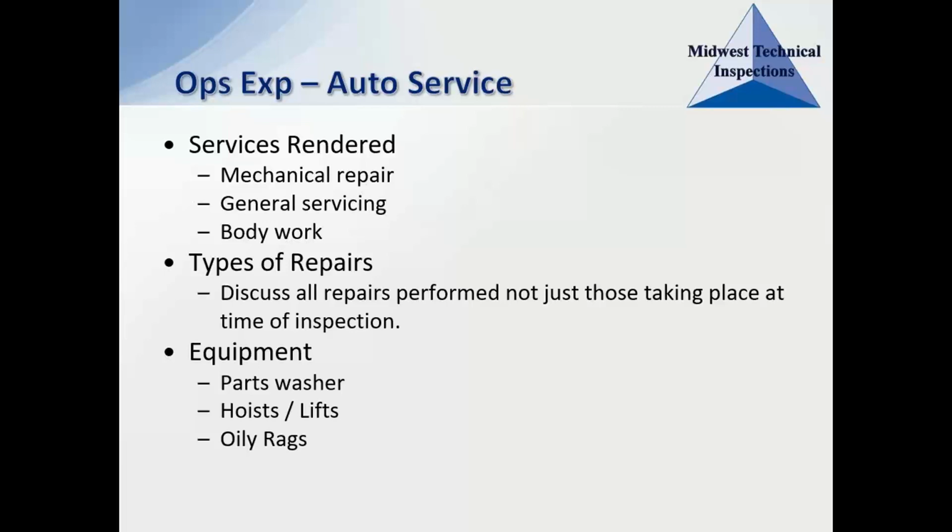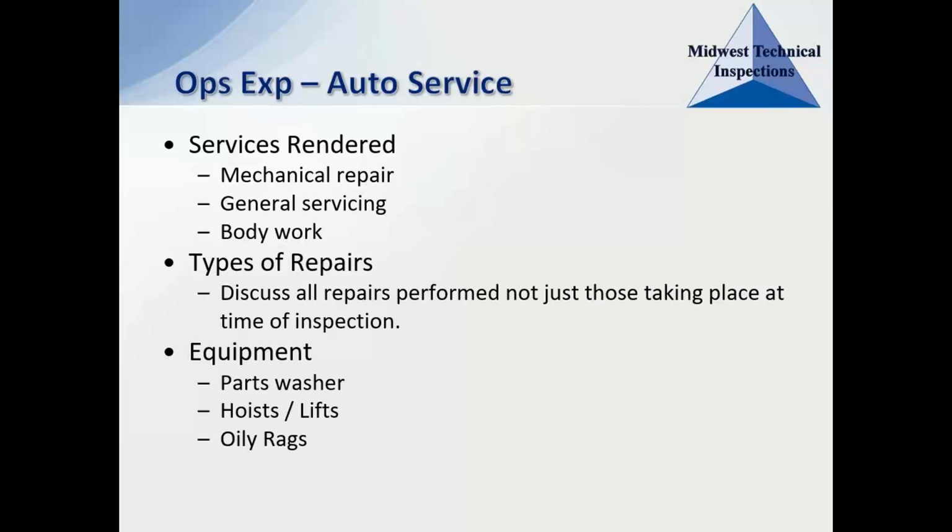We have a list of all these different repair operations that they could be performing. So the best thing to do is to sit there with your contact and read through that list and check off all of the services that they provide. Because you could spend an entire day sitting there observing and not see a fraction of the services that they actually offer. So it's best to go through that with the person that you're interviewing and just say, do you do this?